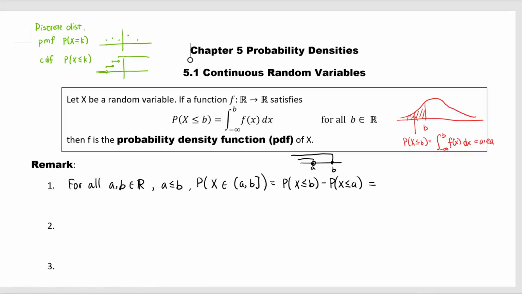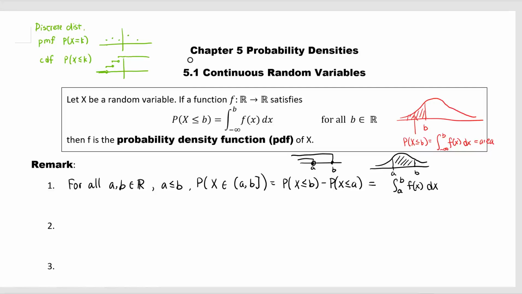From the picture of the PDF, we have a here, b here. How do you compute the probability between them? That is exactly this region, the integral from a to b of f(x) dx.